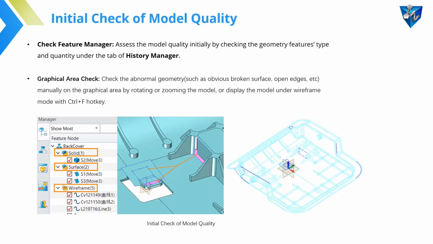Alright, let's go into the first step, initial check of model quality. In ZW3D, we can do the initial check of model quality in two ways. First is the feature manager check, where you can assess the model quality initially by checking the geometry feature types and quantity, as shown in the left picture below.